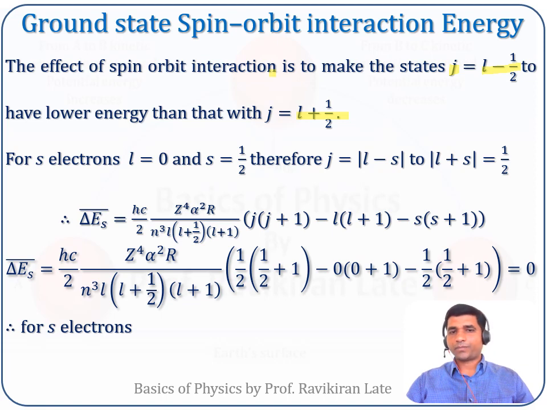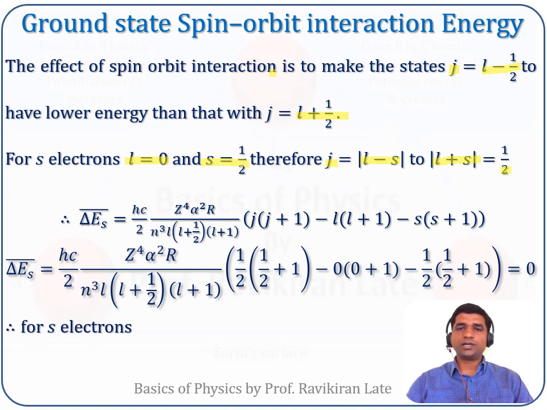Now for s orbitals, or for s state electrons, we'll be calculating this energy. Now what is this energy for s electrons? For s electrons, we know that L is equal to 0, and any electron has s equal to 1 half. So if you calculate the value of J, which goes from L minus s to L plus s, as the value of L is equal to 0, the value of J will be 1 half only.